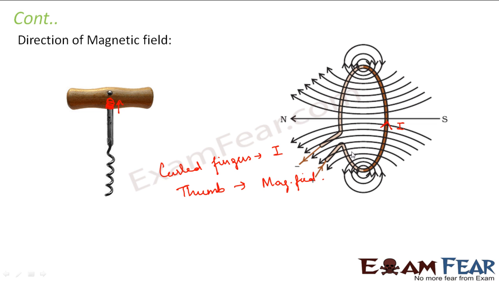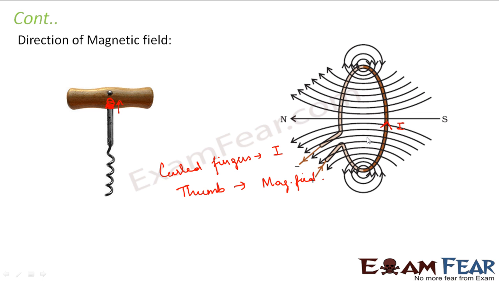So it is similar to that. Even though the current is moving in a circular pattern, the magnetic field is going in the downward direction. So your curled fingers represent this movement of the screw, and the net displacement of the screw represents the magnetic field. So very simple to remember.